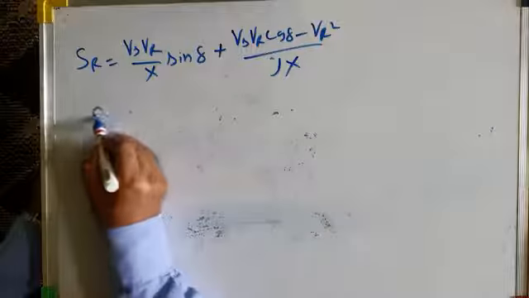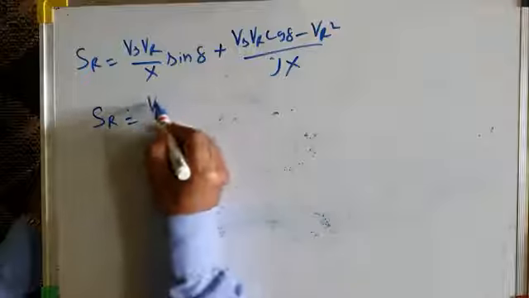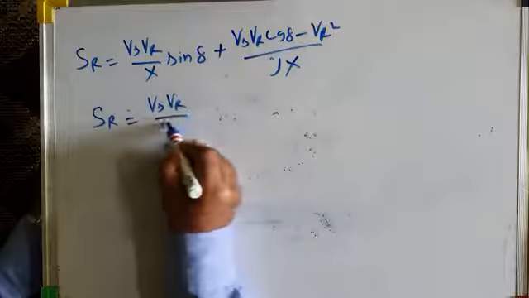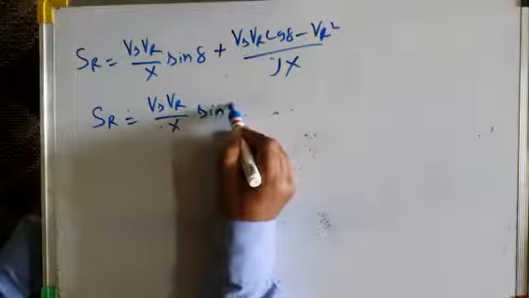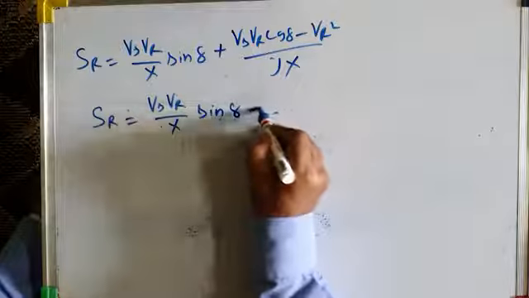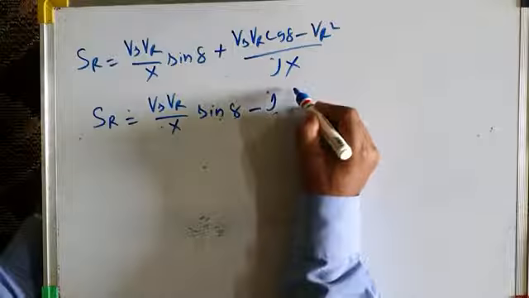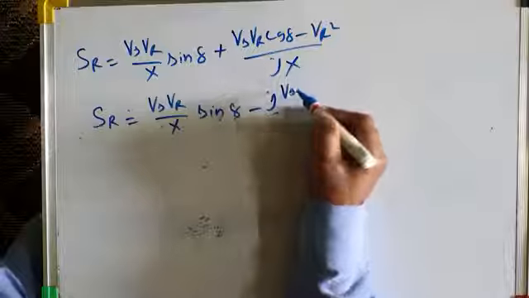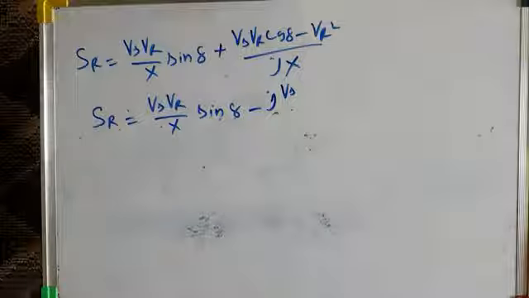Now therefore SR will be equal to Vs VR by X sine delta. This J, when it goes up, it becomes minus J times Vs, is it minus J or plus J?